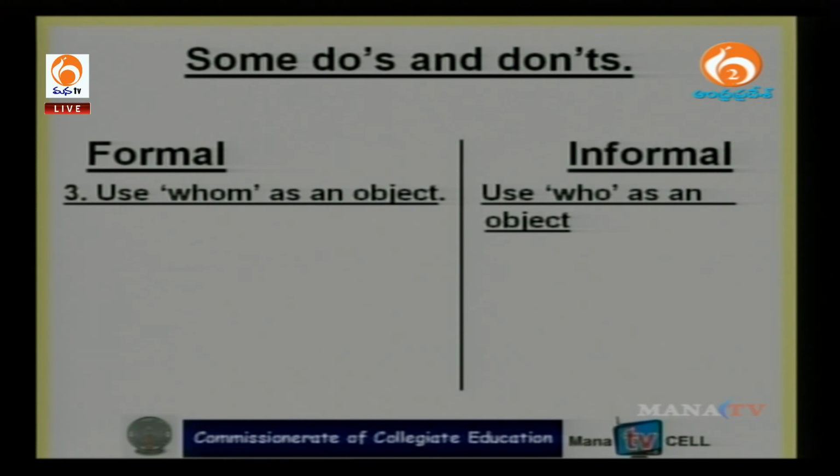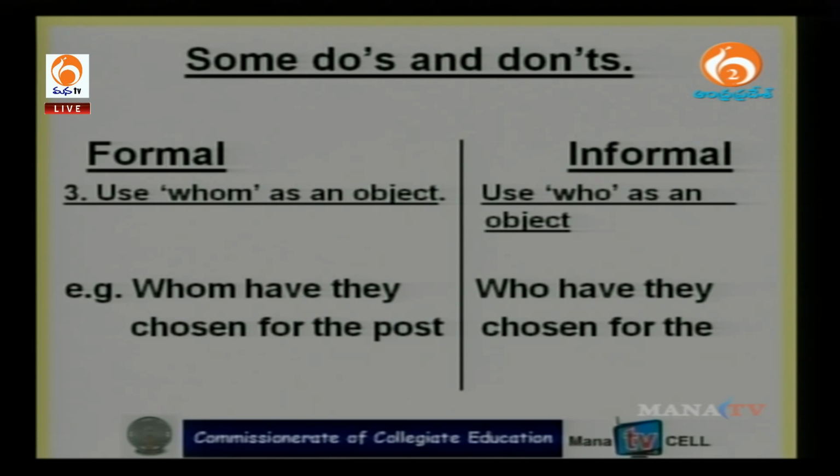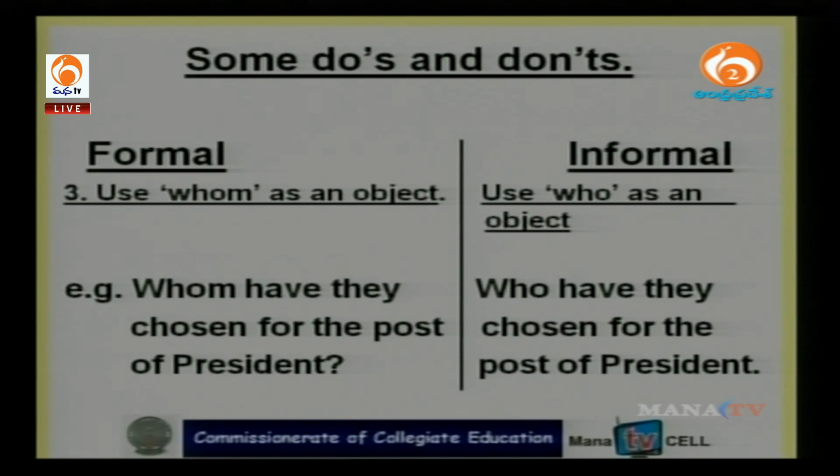Now, look at another do and don't. You have to use "whom" in written form in a sentence. For example, look at this sentence: "Whom have they chosen for the post of president?" That is the right way of using it when you write, but when you speak you can use "who" instead of "whom": "Who have they chosen for the post of president?"